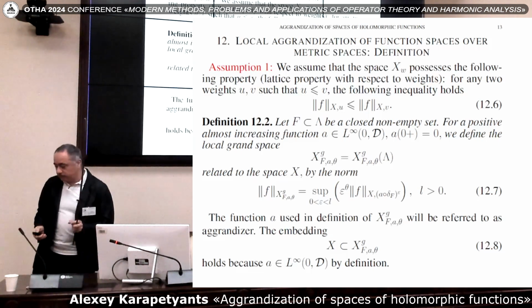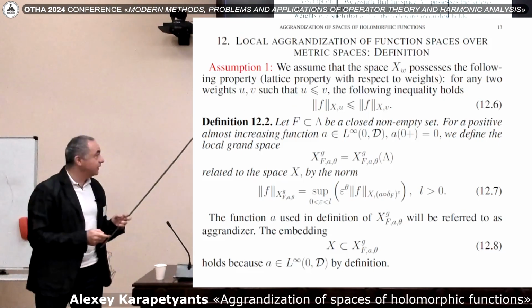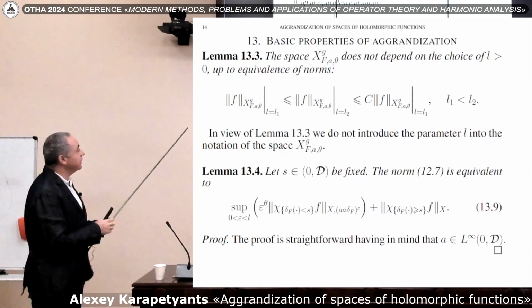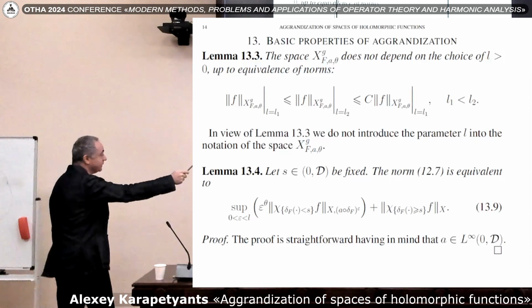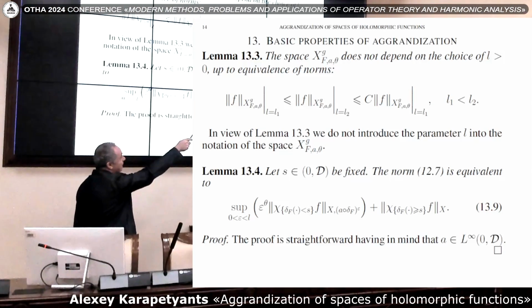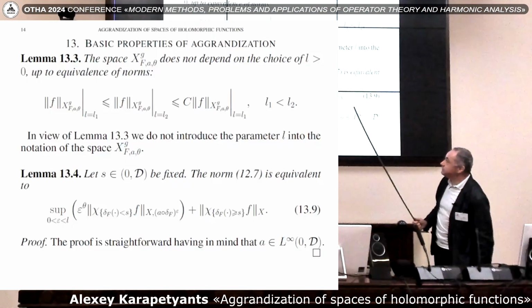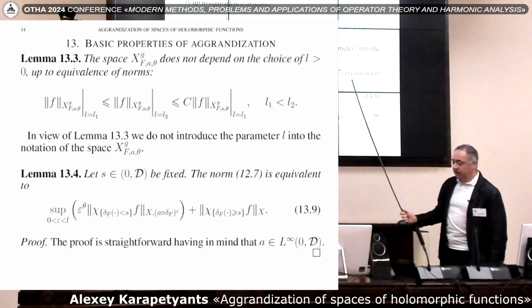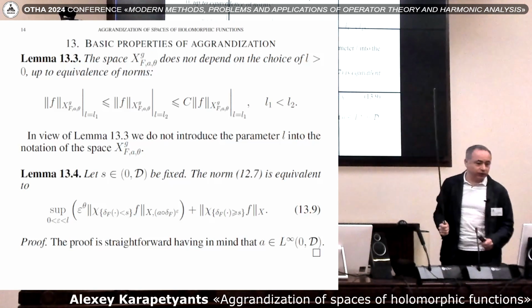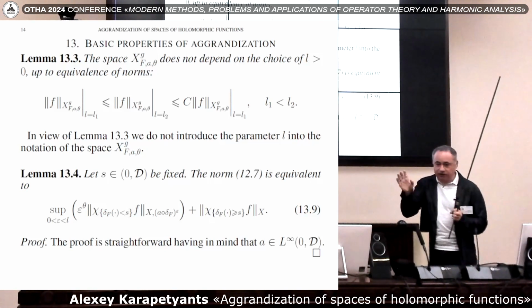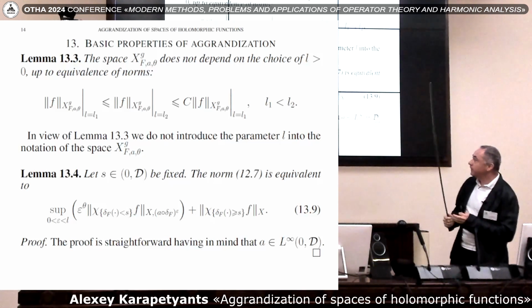Now, let us think about what we have, what are the properties we have. First of all, I already said that I don't care about L because for different L you have this two-sided estimate that allows us to not care about it. You can take an arbitrary L, so I don't even include it in the norm.